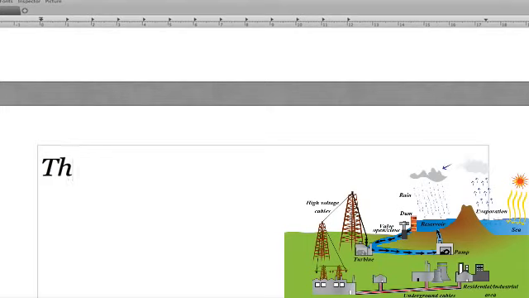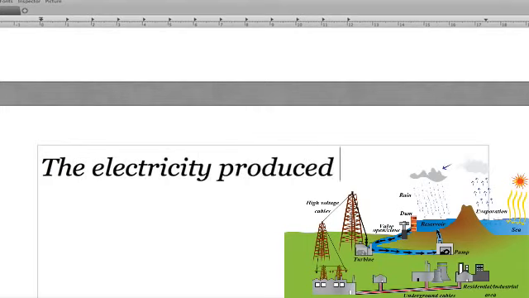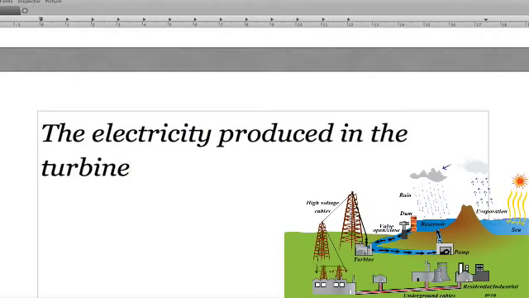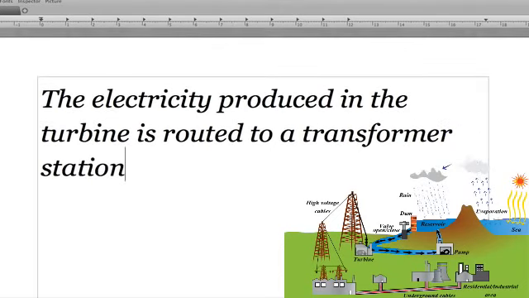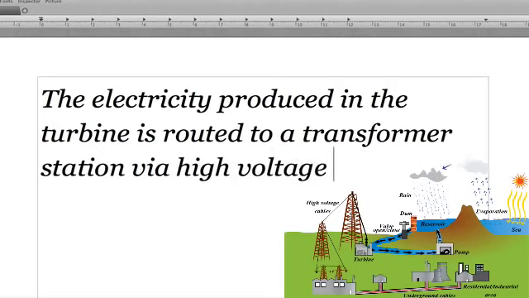So let's try something like: the electricity produced by the turbine is channeled, we could say, or maybe routed to a transformer station, and this is through or via high voltage cables.